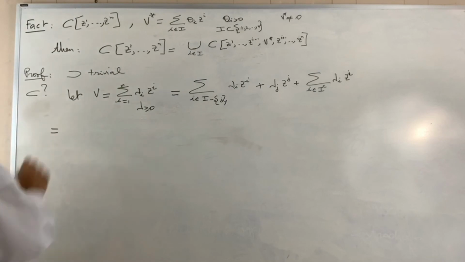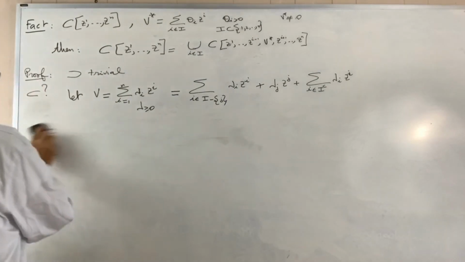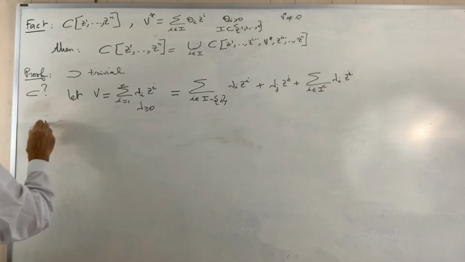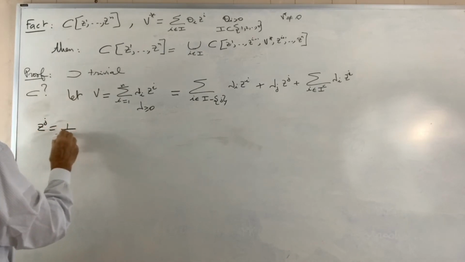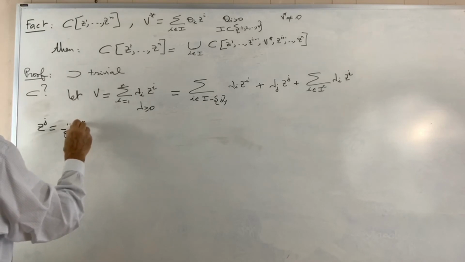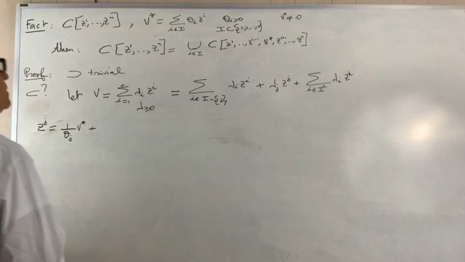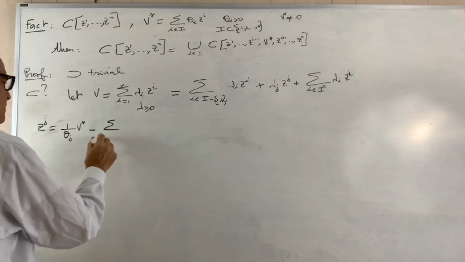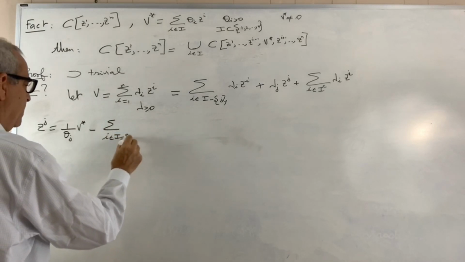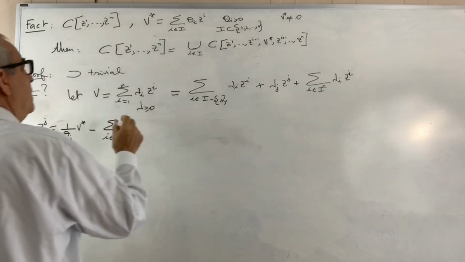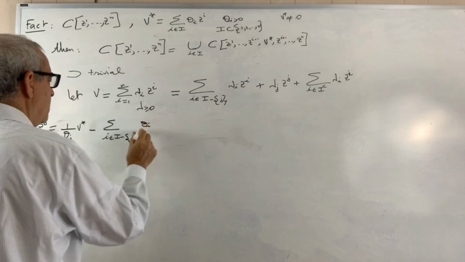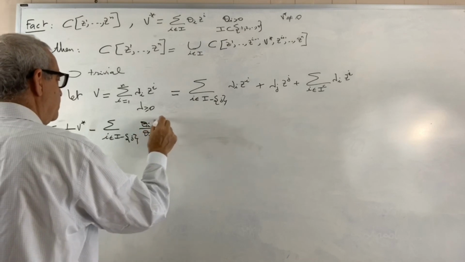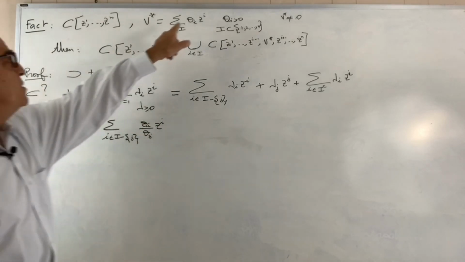So from this here, I get Zj is equal to 1 over theta j times V star minus the sum over i belonging to I minus j of theta i over theta j times Zi. Just separating Zj from this sum here.